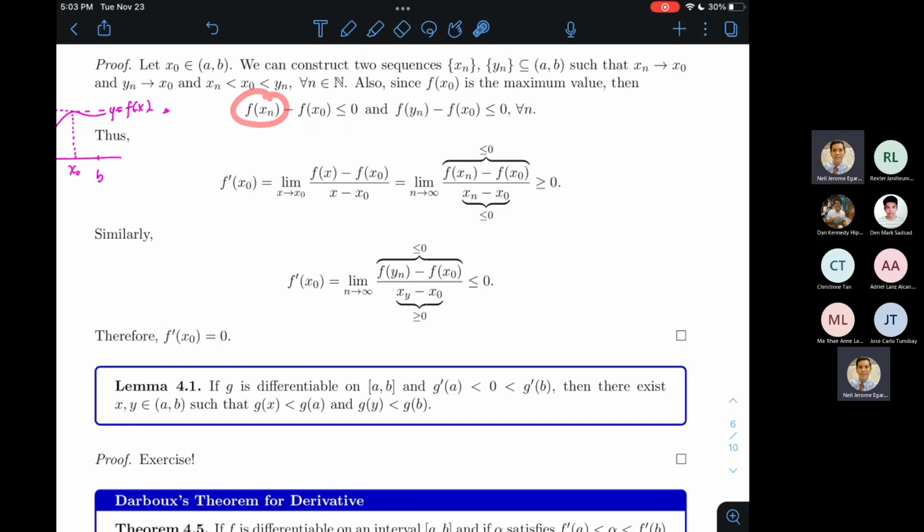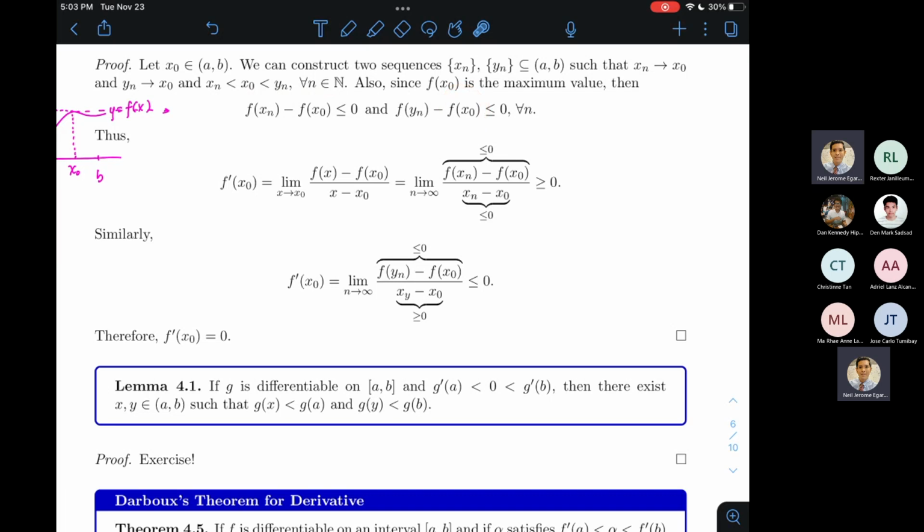Si xn ay nasa interval. So ibig sabihin ito ay dapat mas malaki or equal kay f of x sub n. So if I subtract these two guys with f of x sub 0 being the subtrahend, I get a non-positive difference. Okay? The same thing is true. F of x sub 0 is a maximum.